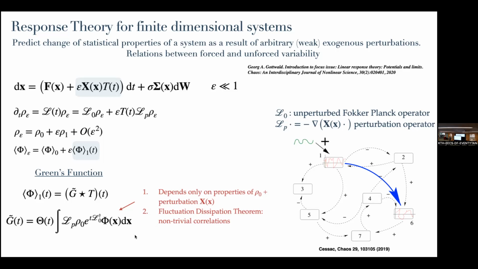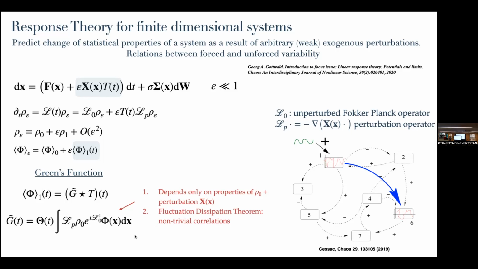And in stochastic systems, you can show that a fluctuation dissipation theorem holds. Basically, you can write the Green's functions as a correlation function, as we saw before, in the unperturbed system. But these correlations are non-trivial. For equilibrium systems, these correlations are known.